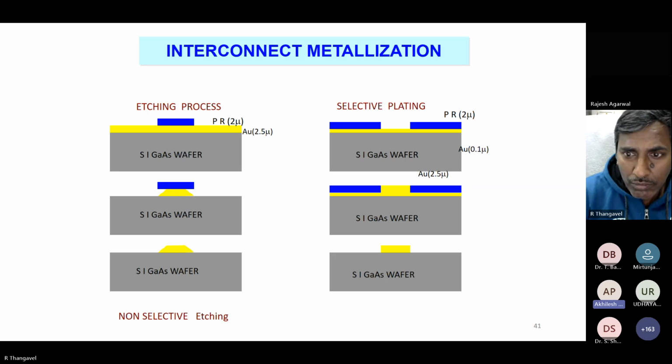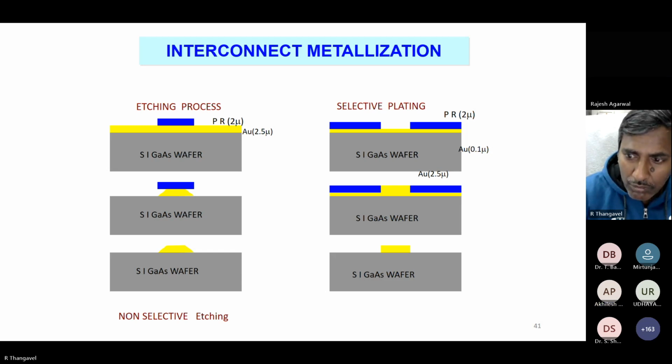In selective plating, the metal first has to be there, then selective plating, then gold is deposited, then the photoresist is removed, and apart from the photoresist and metal, some etching of the metal will also be there. So this is the interconnect metallization using this process.